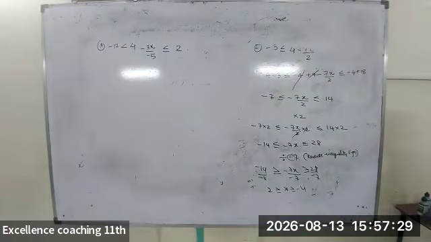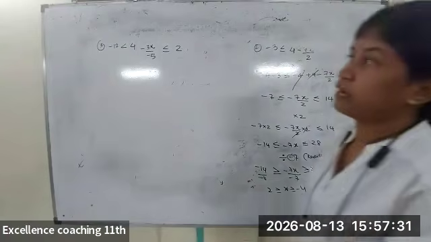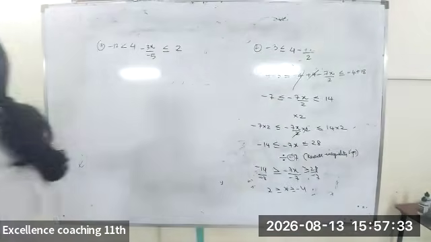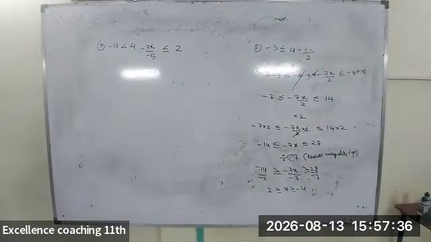So plus 4 you'll have to deal with. You'll have to add minus 4 everywhere. Now multiply. Both are minus, so both will cancel directly.